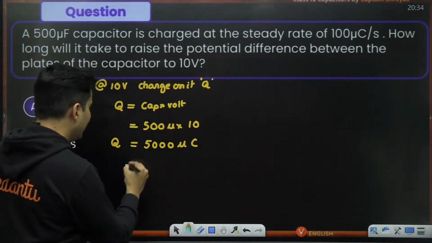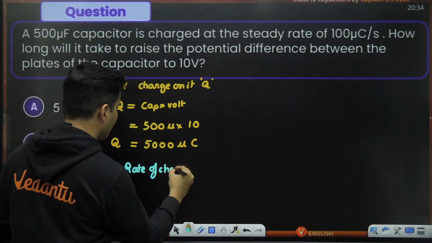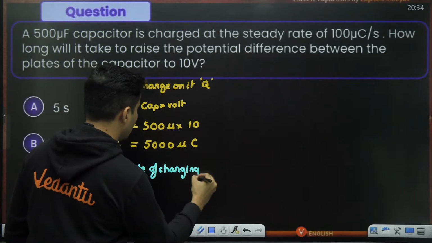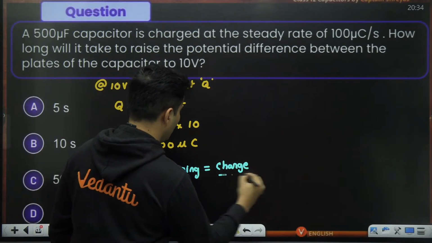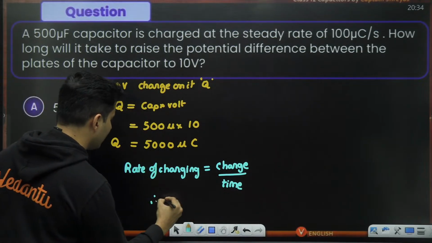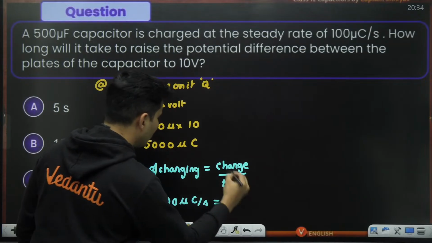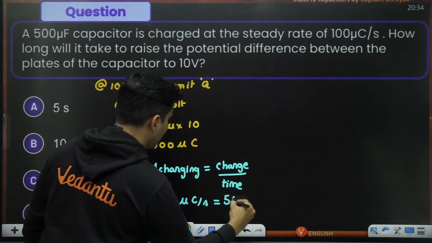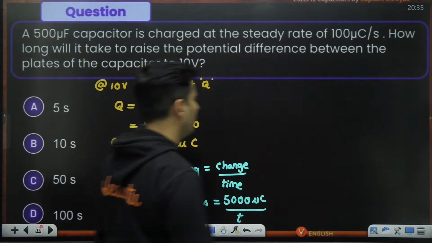But we have been given that it is charged at 100 microcoulomb per second. The rate of charging is how much charge you are putting per unit time. So that rate of charging is given to be 100 microcoulomb per second. The total charge that I want is 5000 microcoulomb.